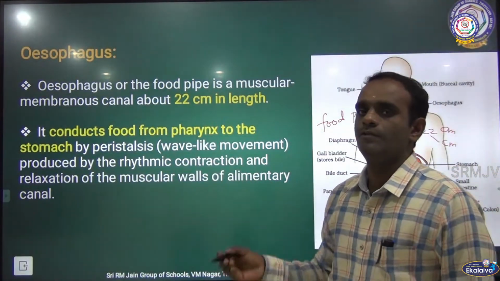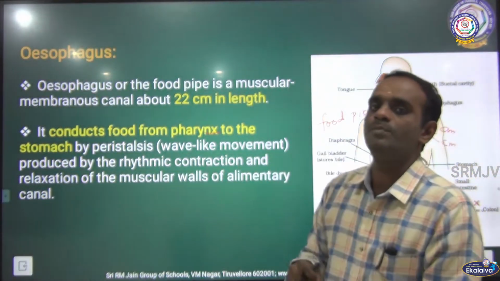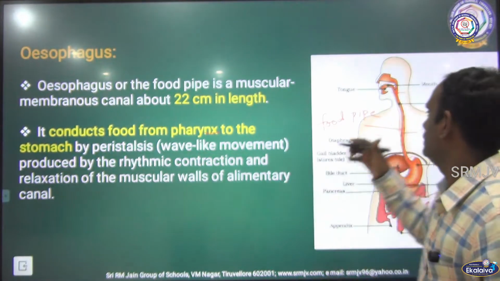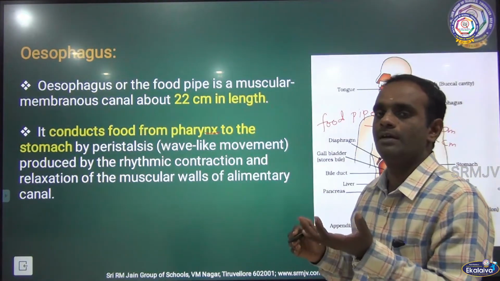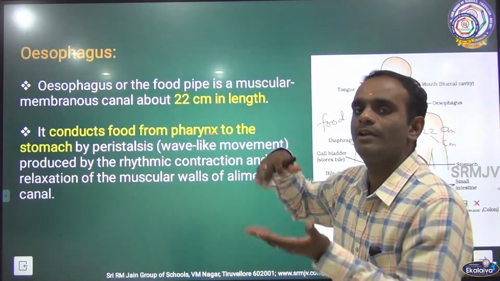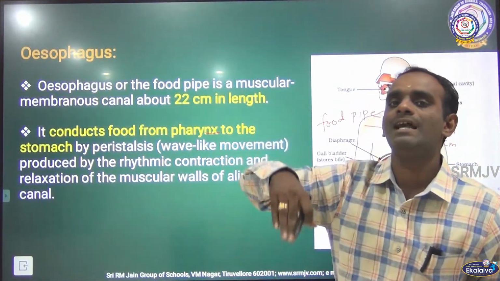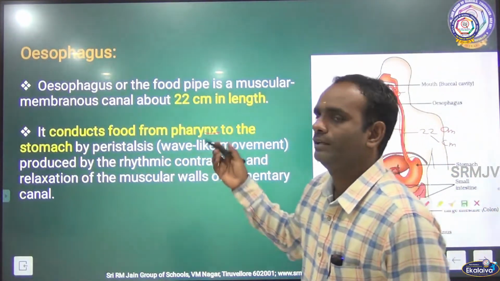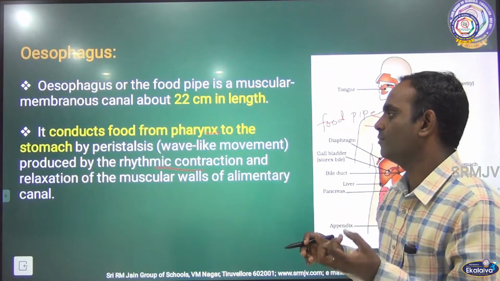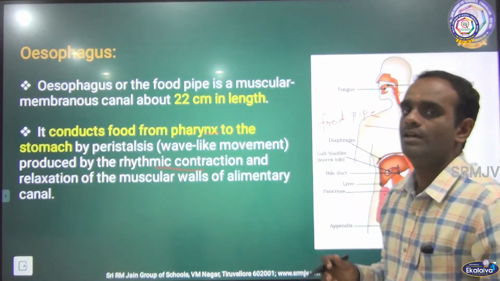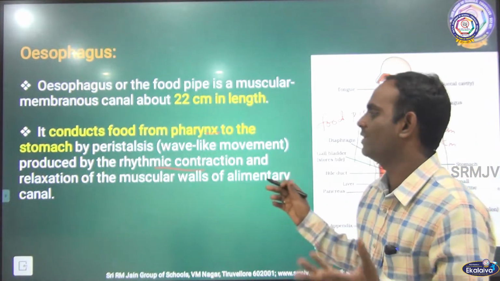So it conducts food from the pharynx to the stomach by peristaltic movement. The food moves by peristalsis and enters the stomach. It is like a wave-like movement, like this. This is called a peristaltic movement. It is produced by the rhythmic contraction and relaxation of the muscular walls of the alimentary canal.